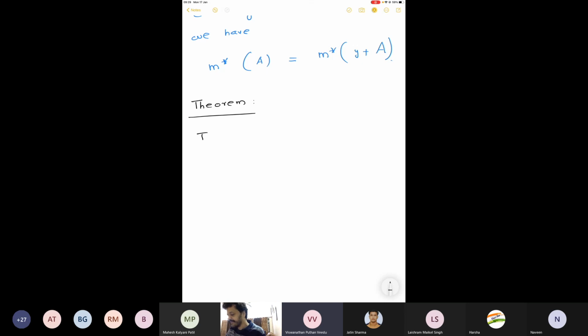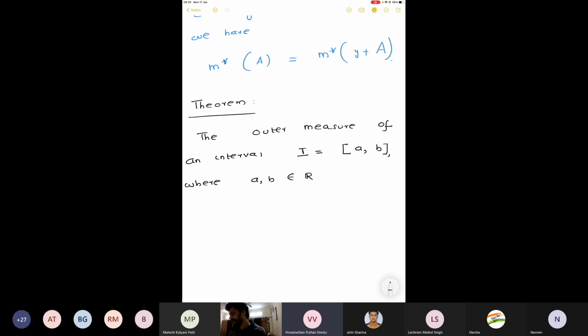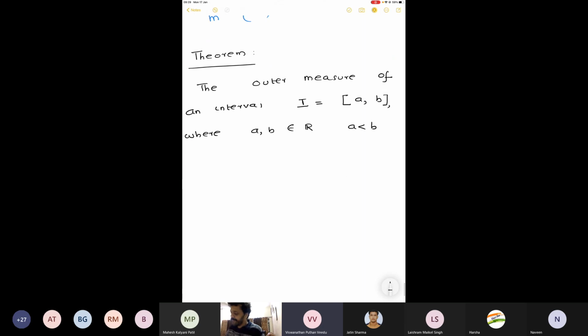The Lebesgue outer measure of an interval I equal to [a, b], where a and b are real numbers, a less than b. We are talking about only finite intervals, closed bounded intervals.